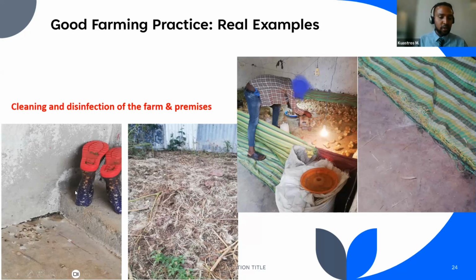And in the picture on the far left, you can see the droppings, which could be from wild birds. You know, wild birds are also able to transmit so many infectious diseases, including Newcastle disease and also highly pathogenic avian influenza. So maybe the farm attendant can just step on this fecal material and enter the farm without disinfecting, and cause infection transmission.